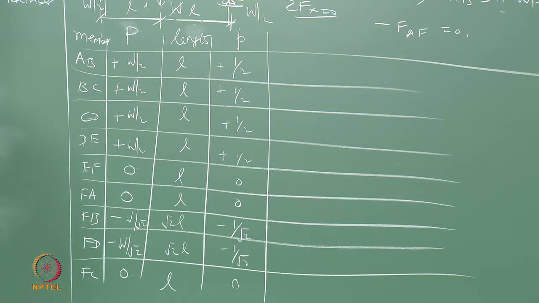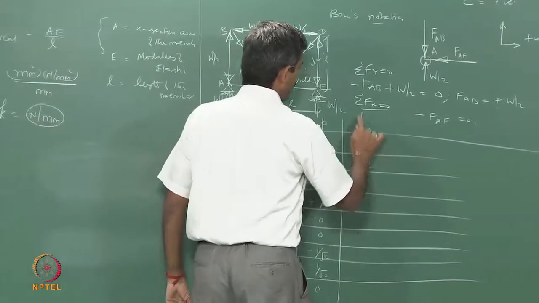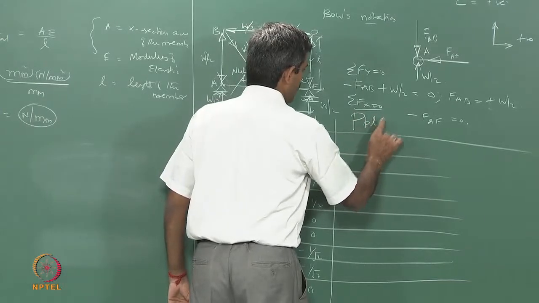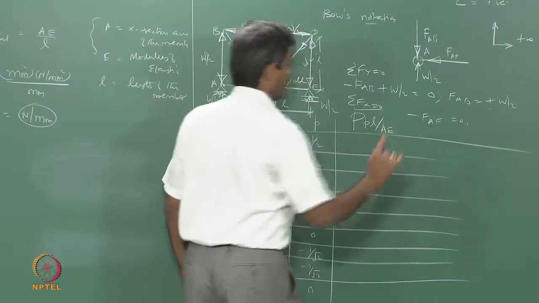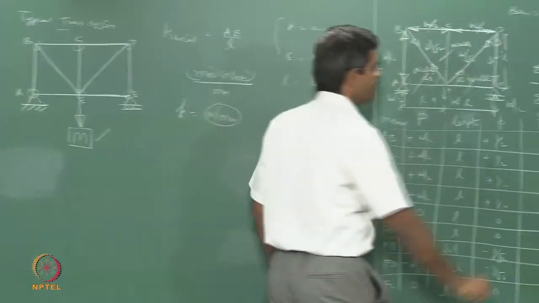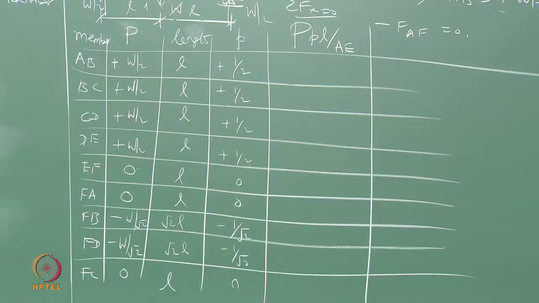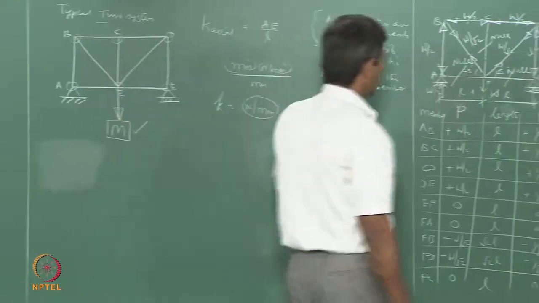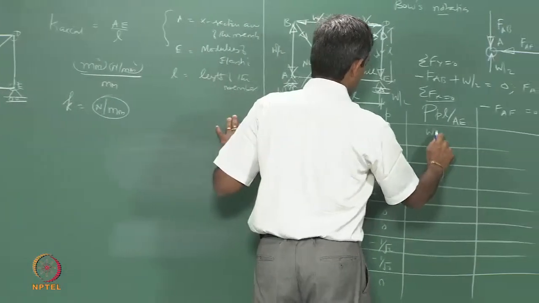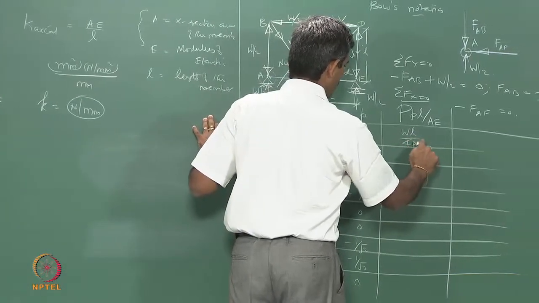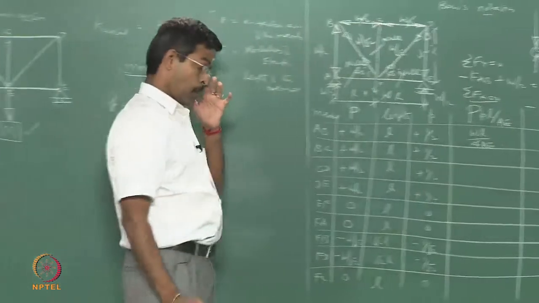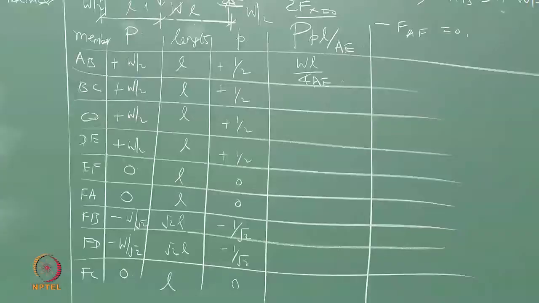Try to find out the Muller-Breslau principle, PL by A. So, for example, this will be WL by 4AE and so on. Fill up the column.